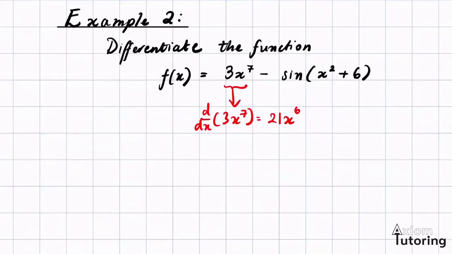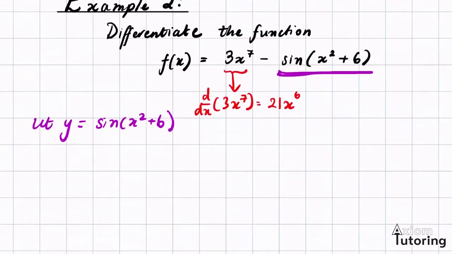So we want to look at this term here, our minus sine of x squared plus 6. So let's let y equals sine of x squared plus 6, and let's focus on differentiating this and then substituting it back in, so we get our full differentiated function of f of x. So if y equals sine of x squared plus 6, we can see that this is a composite trigonometric function, and let's let u equal x squared plus 6.